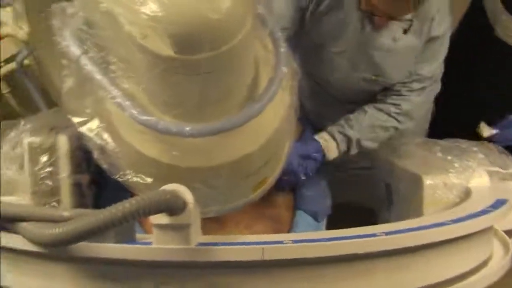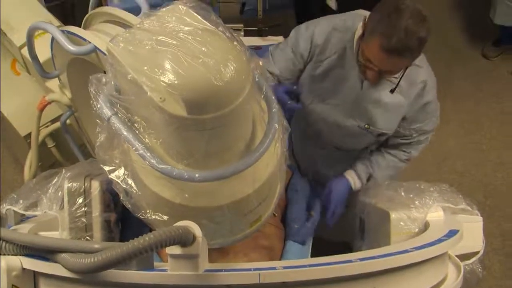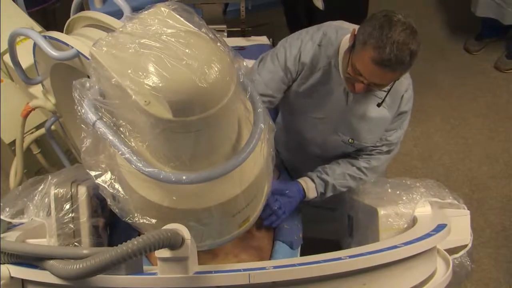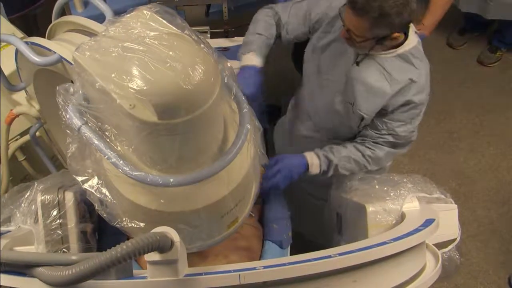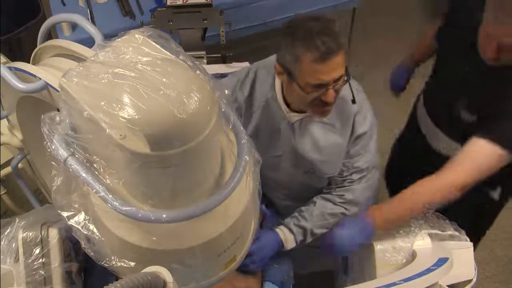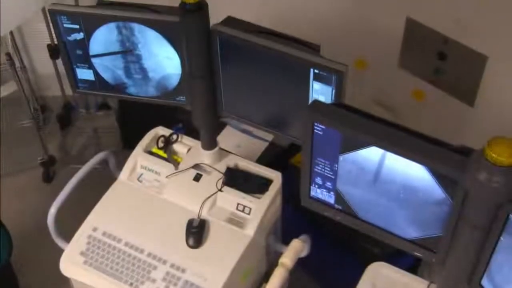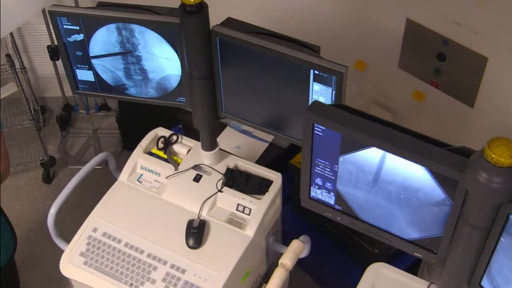I'm going to put it here for demonstration purposes. Give me now the rake. X-ray. That is the action. X-ray.